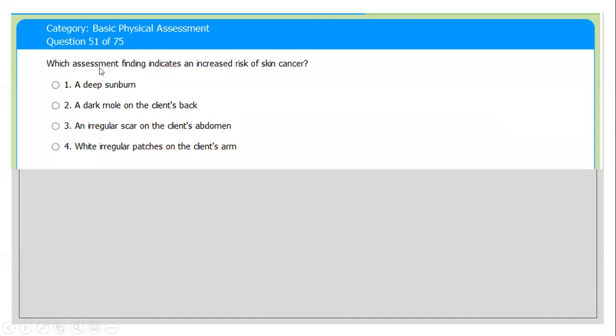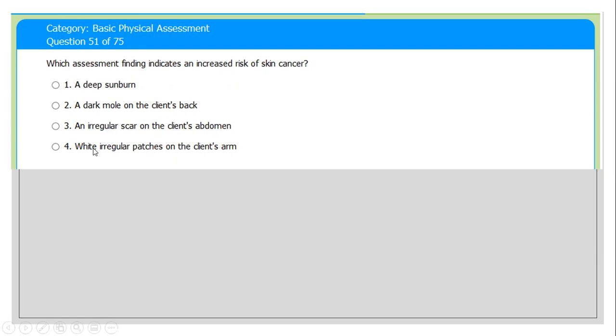Which assessment findings indicate an increased risk of cancer? Number 1, a deep sunburn. Number 2, a dark mole on the client's back. Number 3, an irregular scar on the client's abdomen.